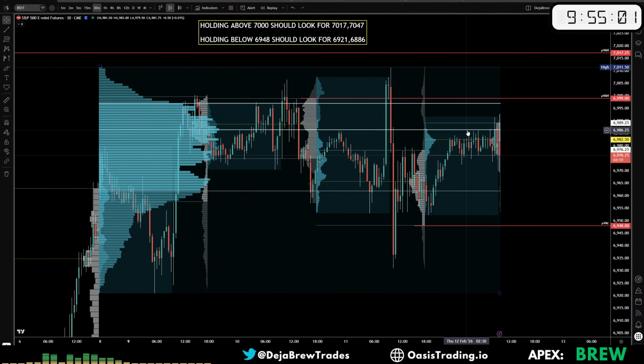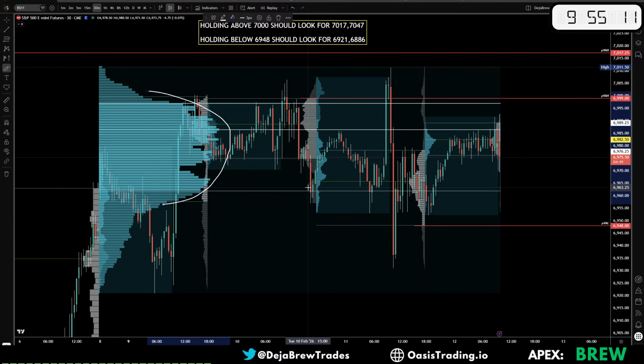We can see our overlapping POC is around 86, and you can see how strong this POC node is. So the overlapping value low is around 60.